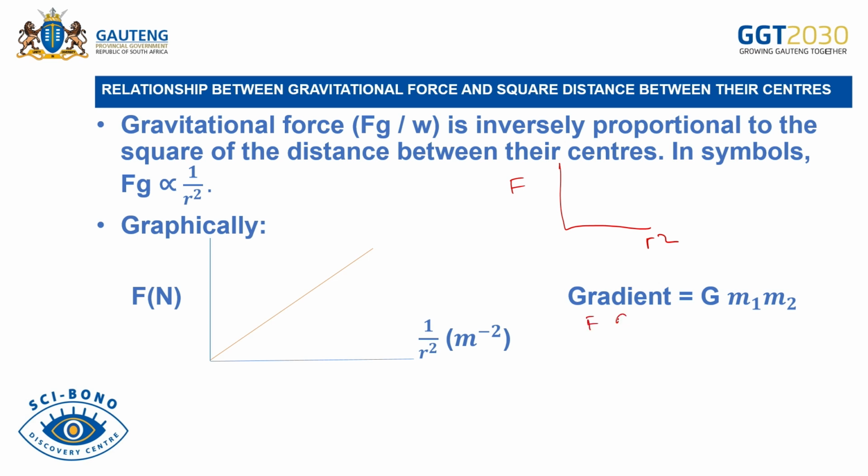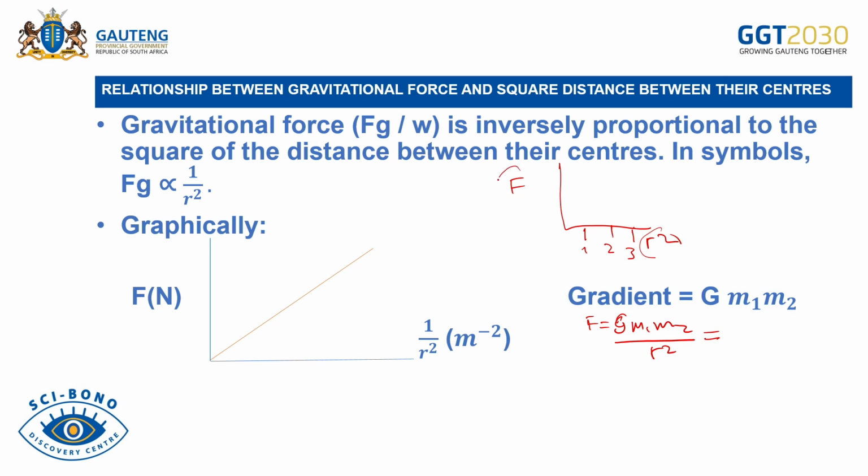You have F equals G M1 M2 over R squared. You are not changing G M1 M2, but your independent variable here is R squared. So we are changing R squared. Let's say here it's 1, here is 2, here is 3. But 1, 2, 3 is not R, it's R squared.